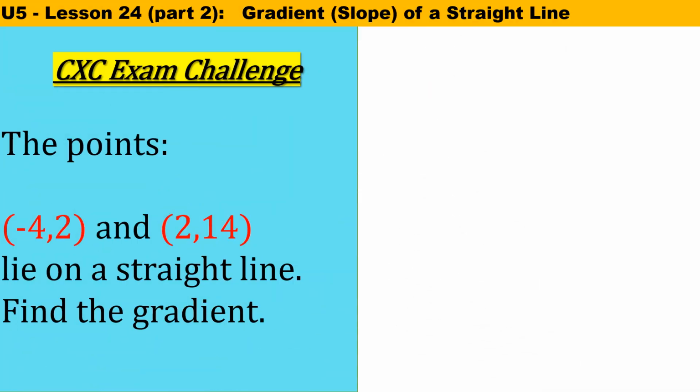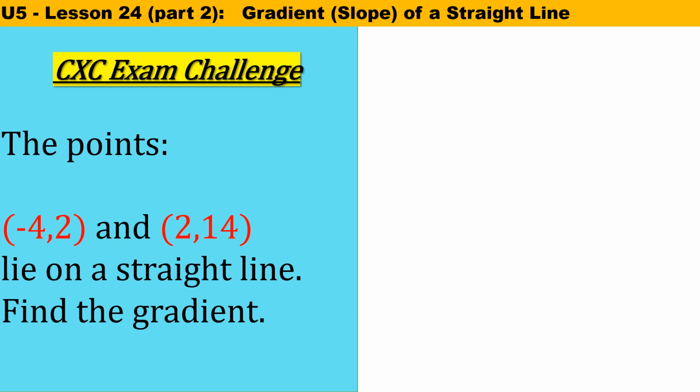CXC exam challenge. Points are given: (-4, 2) and (2, 14). They lie on a straight line, you need to find the gradient.